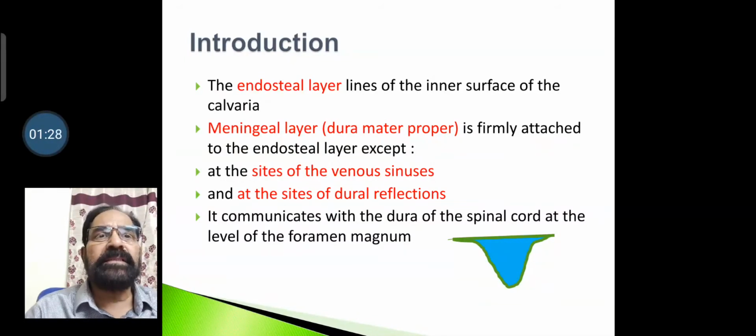It communicates with the dura of the spinal cord at the level of foramen magnum. So you can see in the picture the dural venous sinuses which are present between endosteal layer above and the meningeal layer below, that is duplicated.